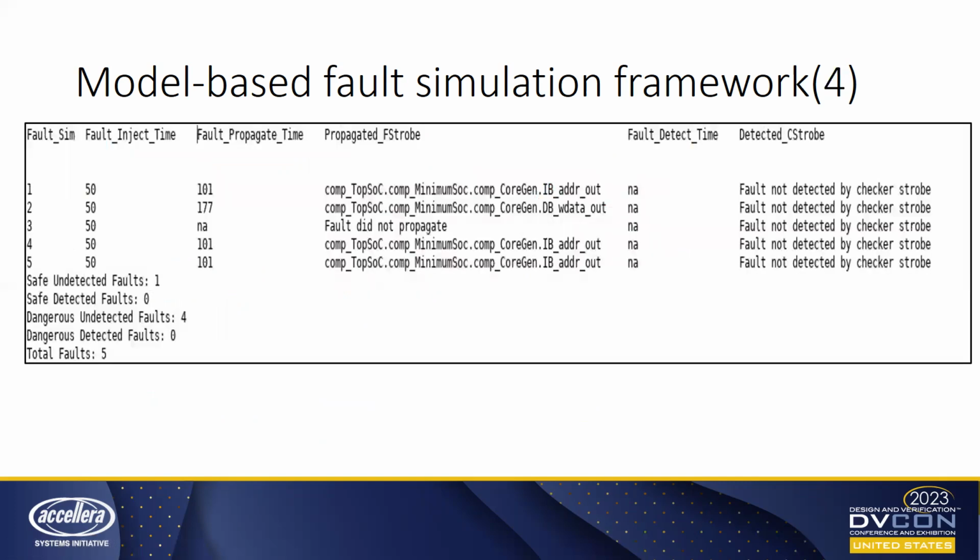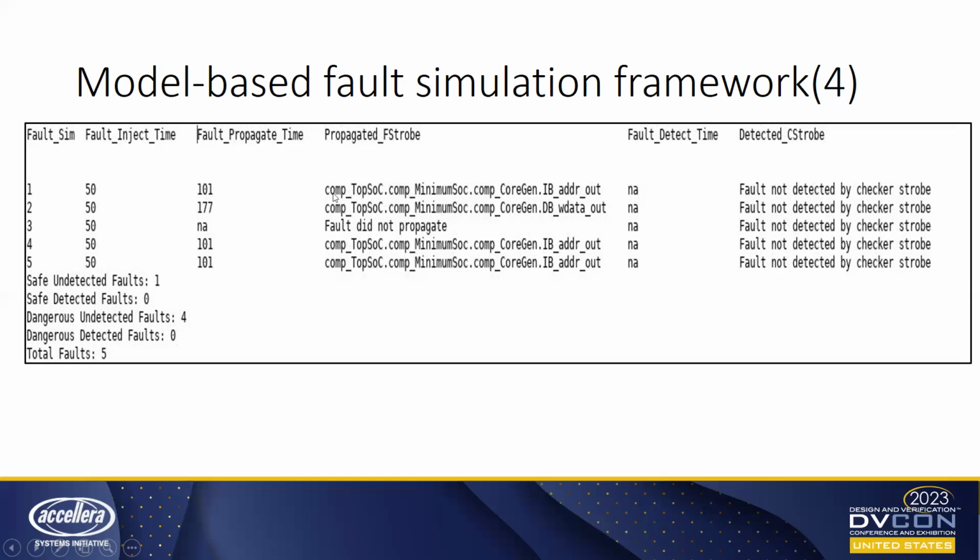And in this slide, I'm showing the output after simulating the previous test bench and design. So let's say we have different columns: which simulation iteration it is, when the fault is injected, and when the fault that we injected has propagated to selected strobes, so functional strobes or checker strobes.